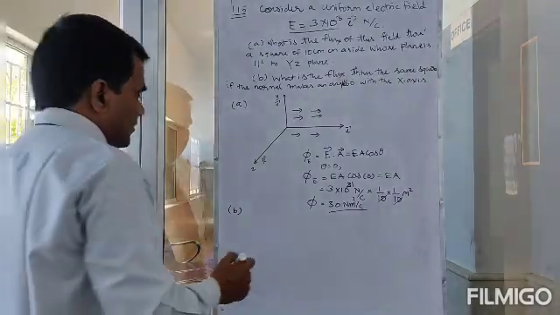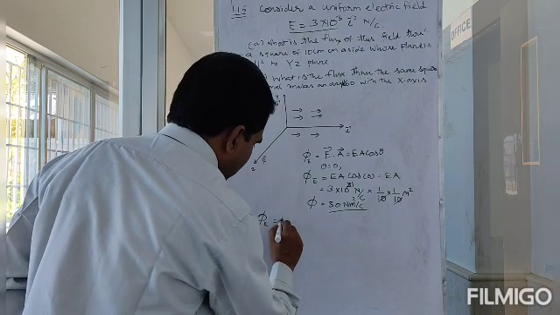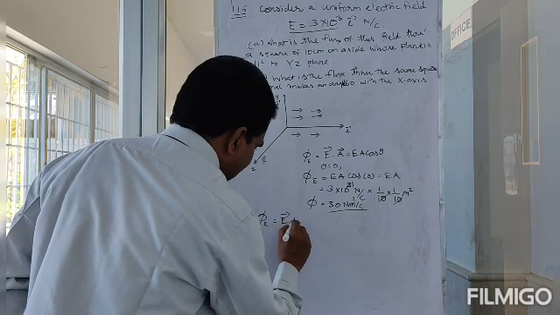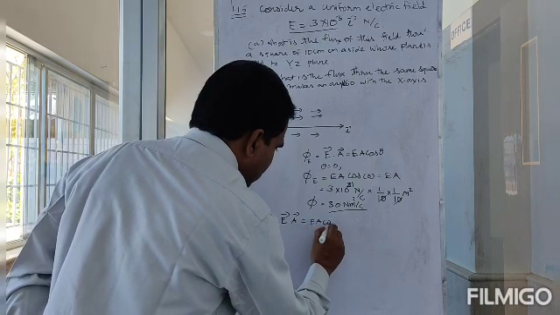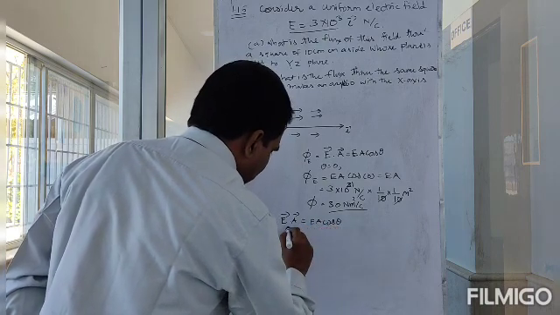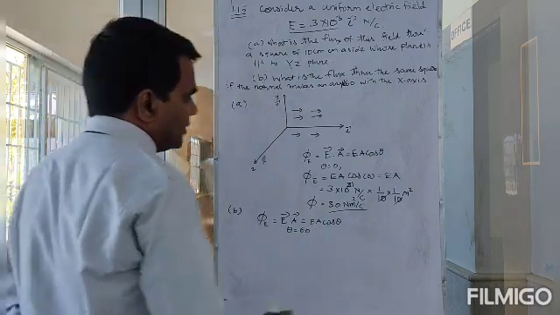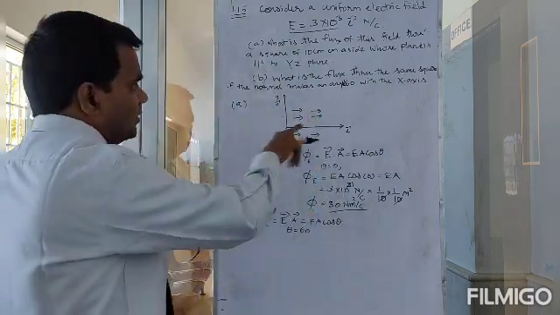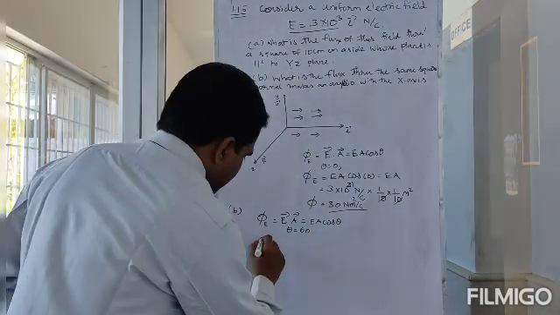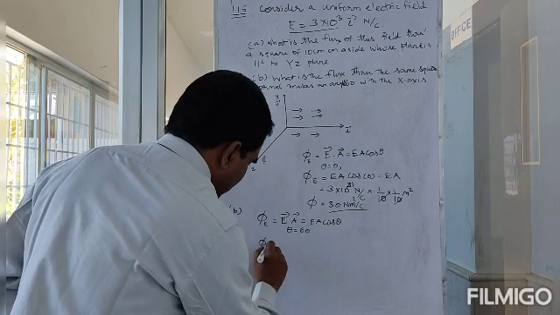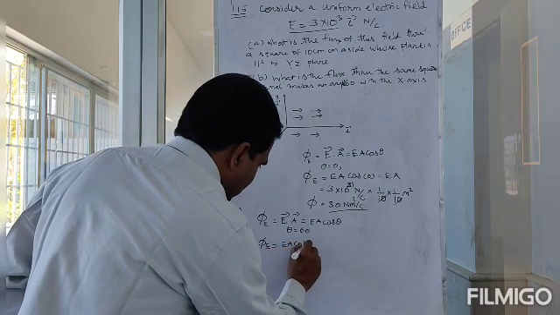And what would phi be then? So phi E is equal to the same E dot A vector, E A cos theta, but now theta is equal to 60 degrees. That is the angle between the E vector and the normal of the square. So phi E is going to be E A cos 60.